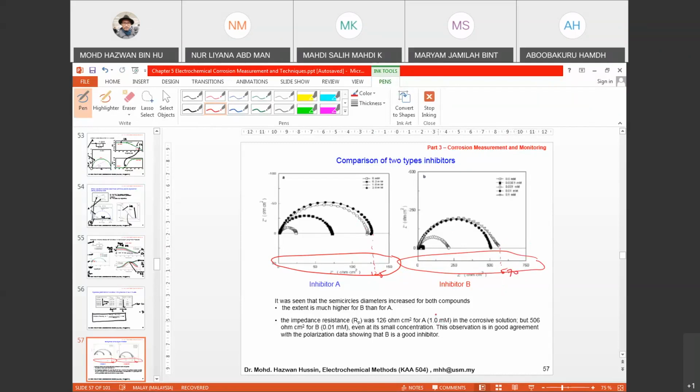So this actually tells you which one is better. Inhibitor B actually produces a bigger resistance compared to inhibitor A, so that is why it's more favorable. In terms of resistance value, inhibitor B is larger, or better, than inhibitor A.